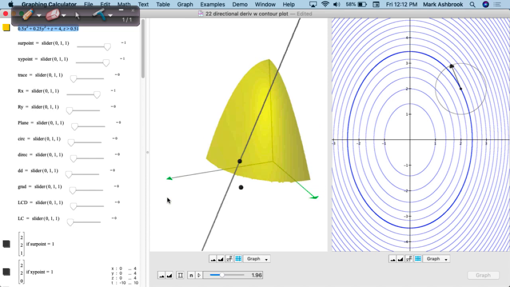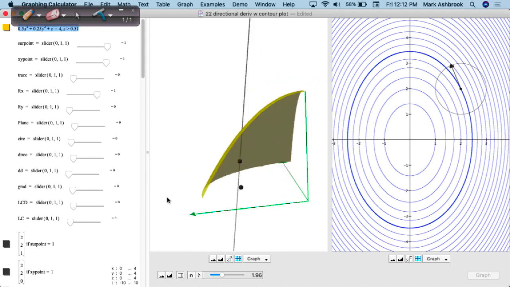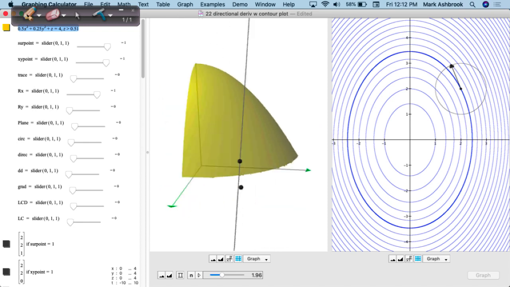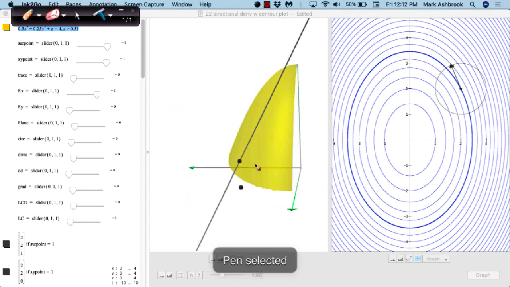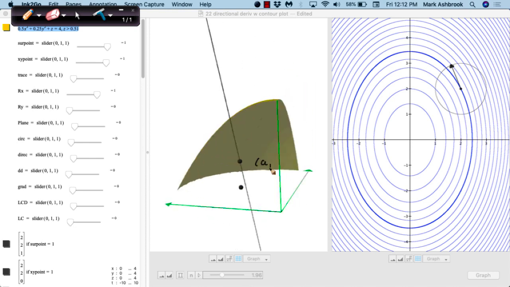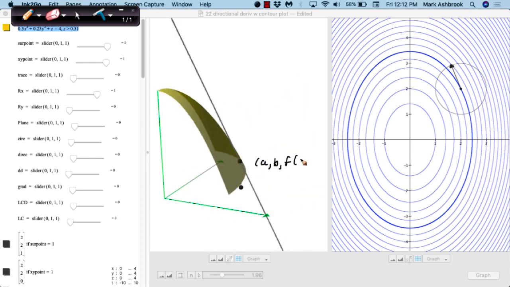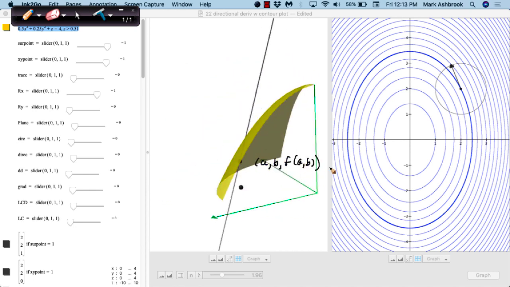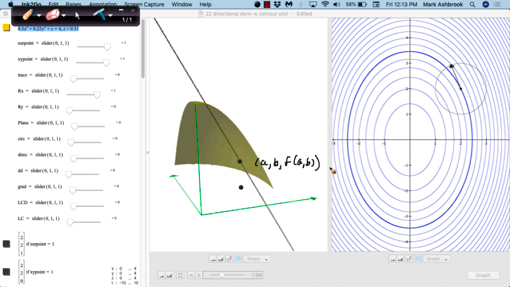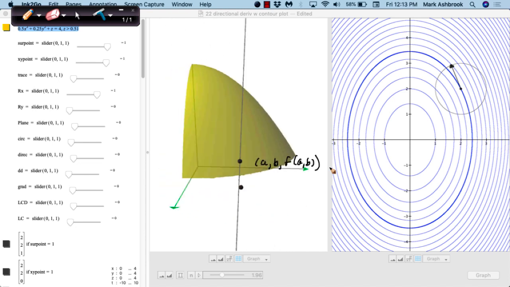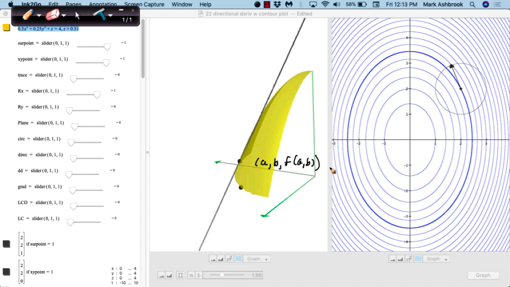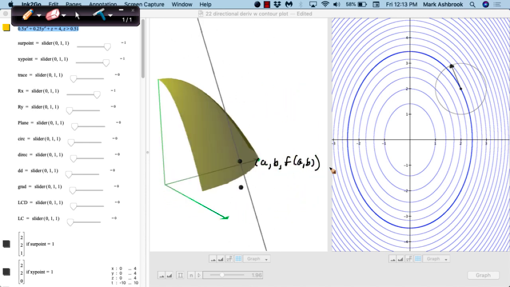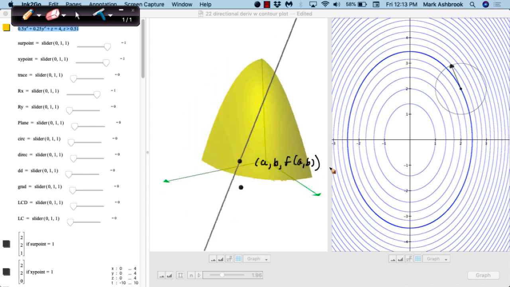Could you write the equation, again, with the point of tangency (a, b, f of (a, b)), the same point as before? Can you write the equation of the tangent line that's parallel to the xz plane? Can you do it? That's your task.